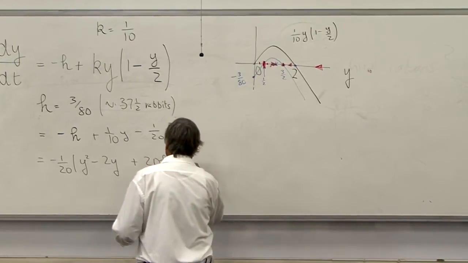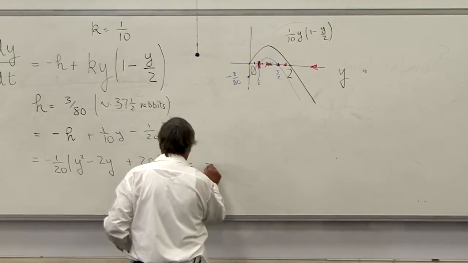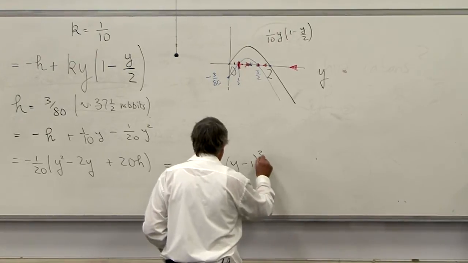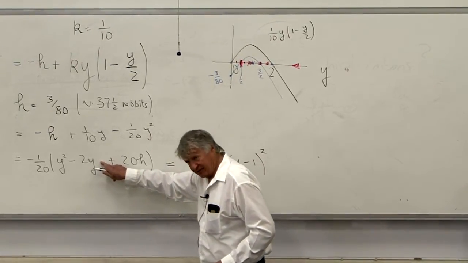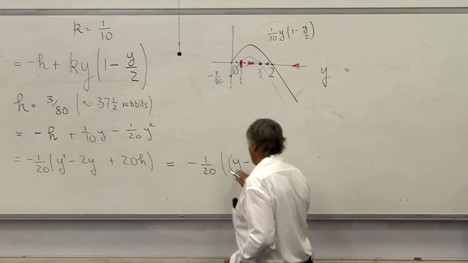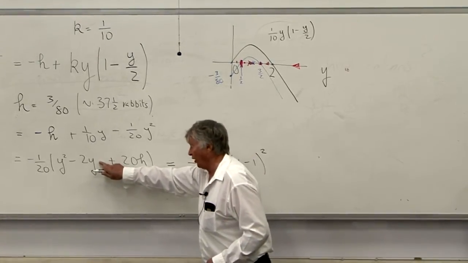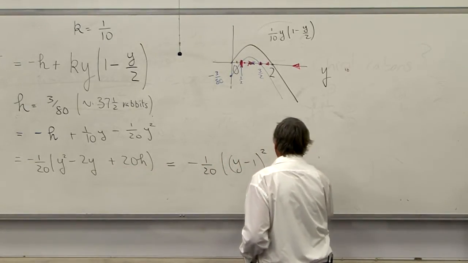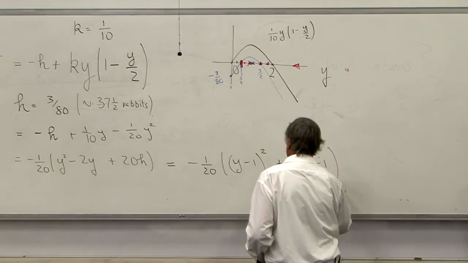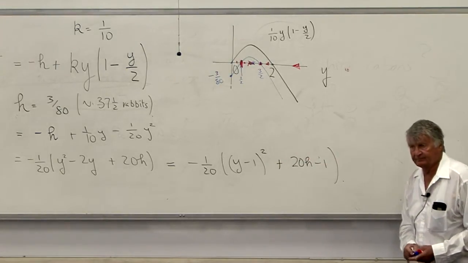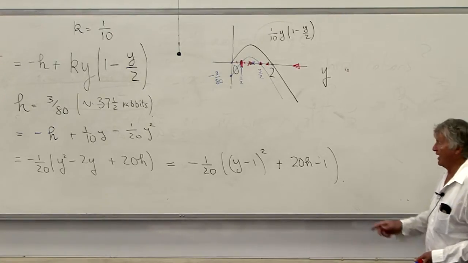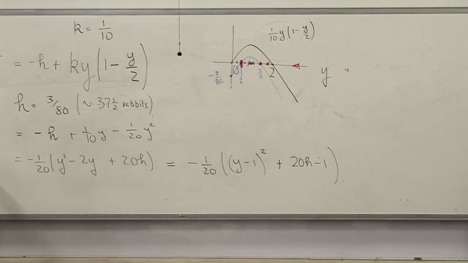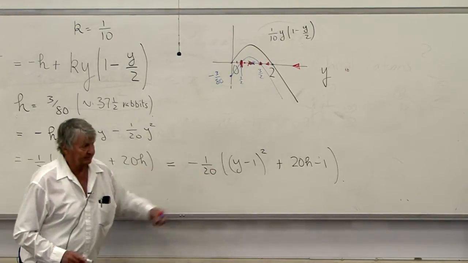I will complete the square again because I want to factor this. So this is minus 1 over 20, y minus 1 all squared, because y squared minus 2y plus 1 is a perfect square. It's y minus 1 all squared. But if I add 1 to make this a perfect square, I have to subtract 1 from this. So now the equation is dy by dt is this guy.